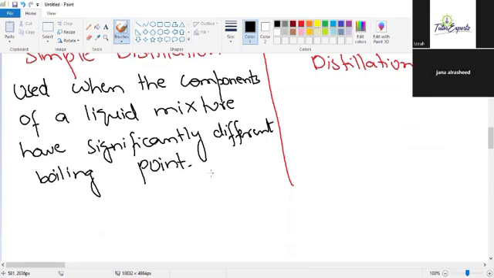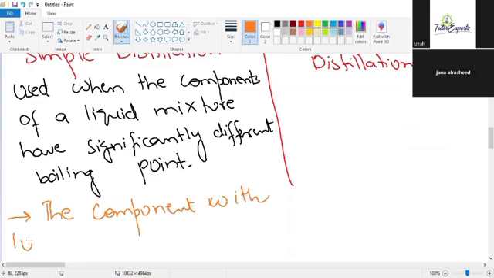And do not forget to give the example. The difference between simple and fractional distillation is incomplete without examples. So in simple distillation, the component with the lower boiling point evaporates first.